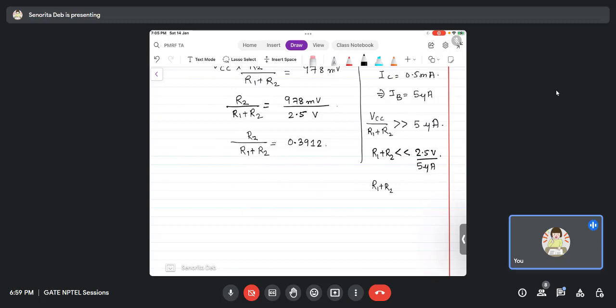Okay. So now when I say that R1 plus R2 has to be very much less than this value, we can take a factor of 10. So let us say that VCC by R1 plus R2 is 10 times 5 microampere. This will bring you to the condition R1 plus R2 is 50 kilo ohms. You can check.